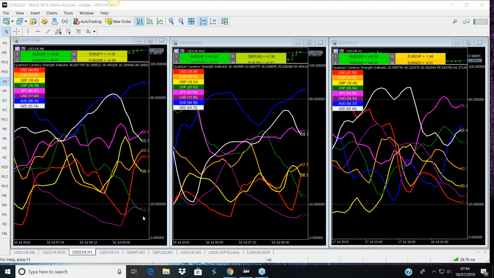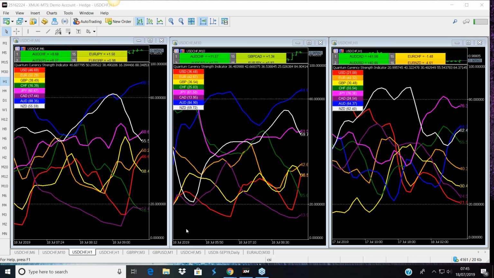If one is being bought, then the other two are generally being bought at the same time. However, on this occasion, we have a very strong move in the Aussie, and also a very strong move in the Canadian, which has been falling on the 6, falling on the 10, and on the 1 hour it still looks to be continuing lower.